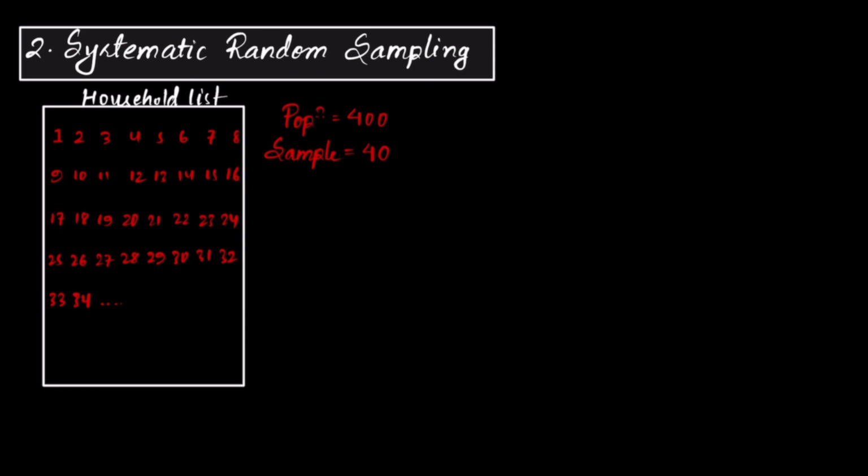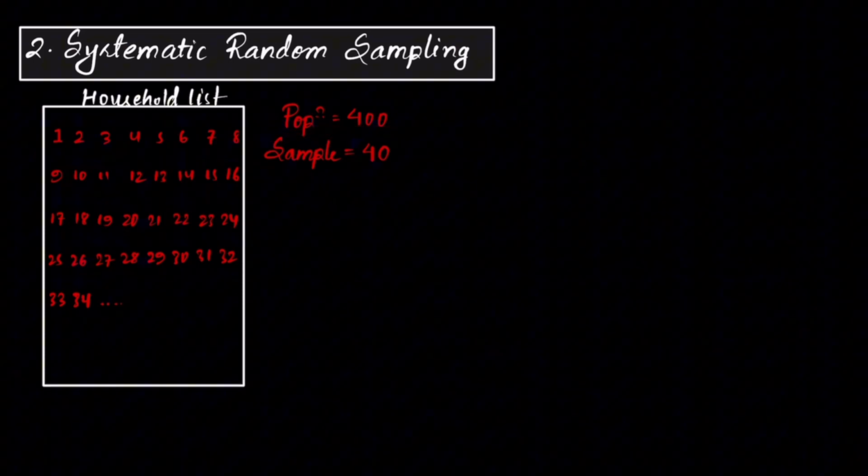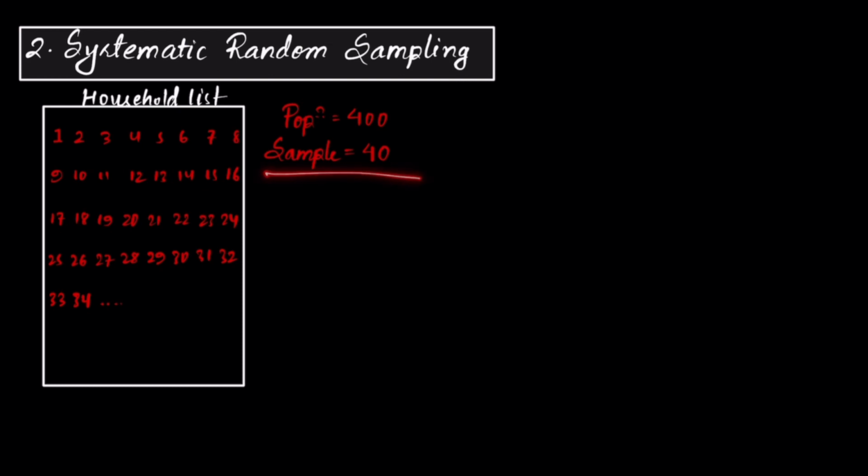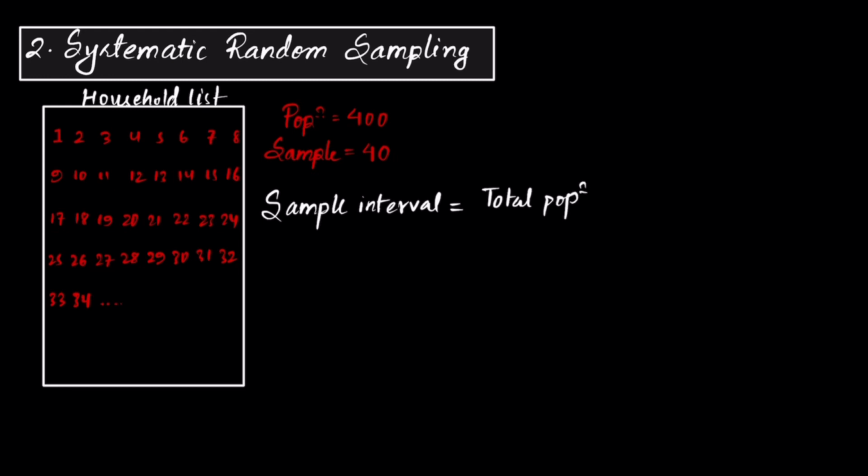So first, the population of the community is 400. You require a sample of 40. You first need to find out the sample interval. Sample interval, this is the system I'm talking about. Sample interval equals total population divided by your desired sample size.